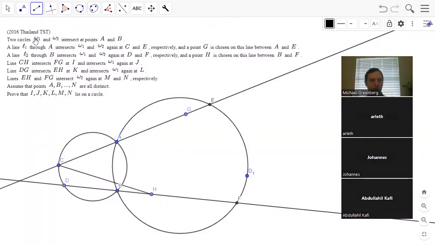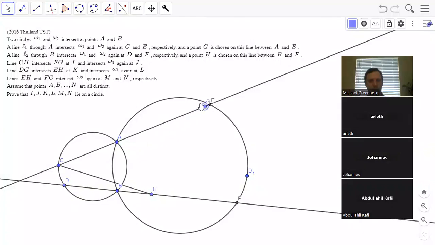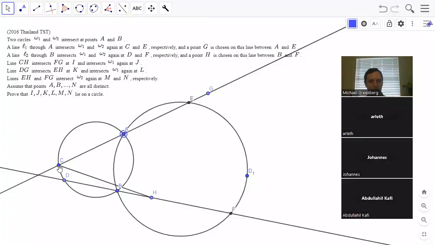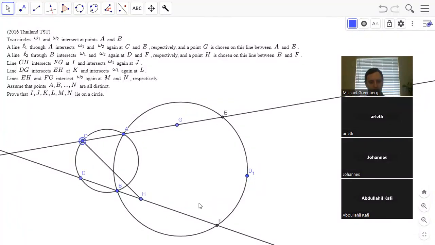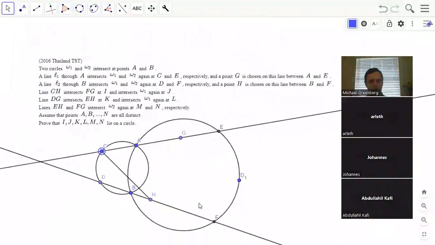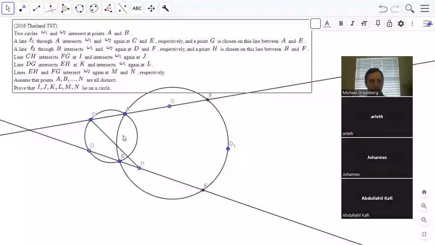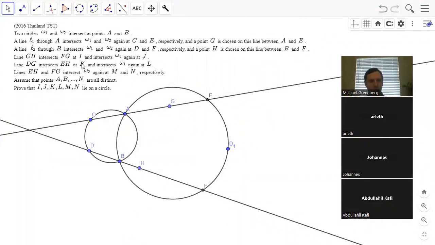Okay, so let's make this easier to see. How do we make CH? We could shrink it a little bit. CH intersects FG at I, and DG intersects EH.